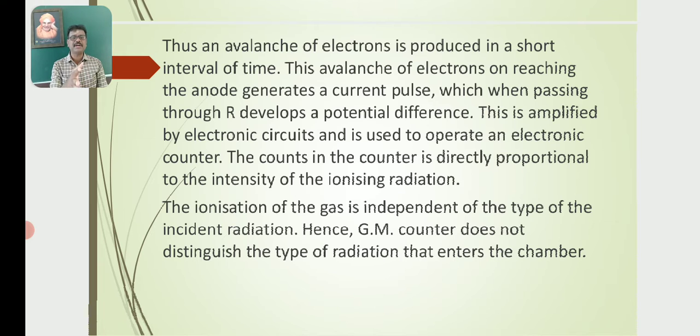So the ionization of the gas is independent of the type of the incident radiation, which depends only on the intensity of the incident radiation, whether it is alpha radiation, beta, or gamma.